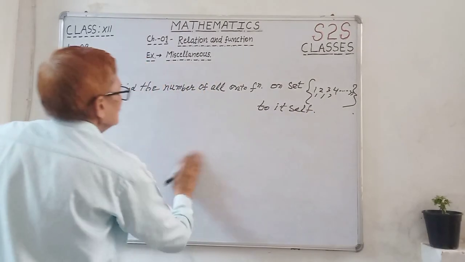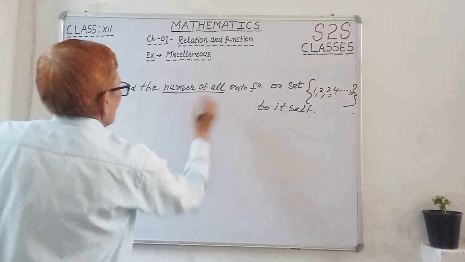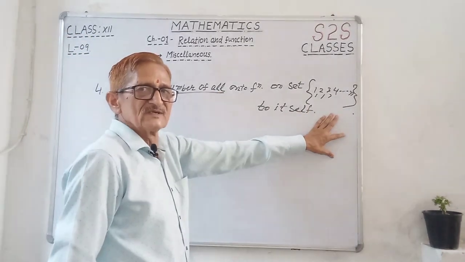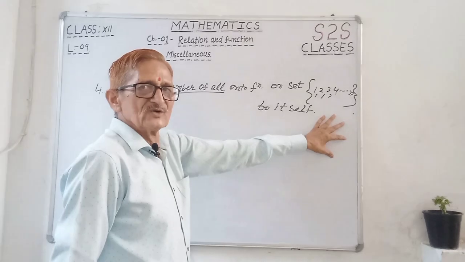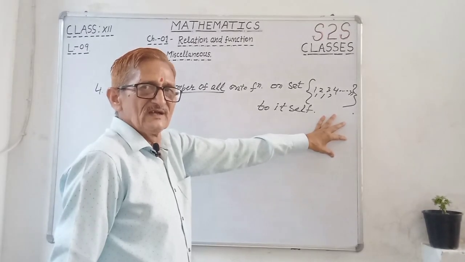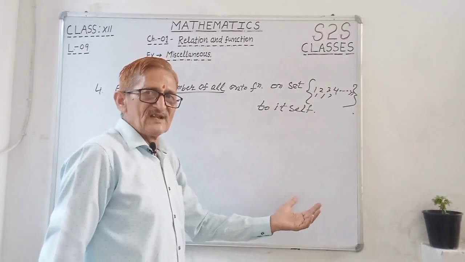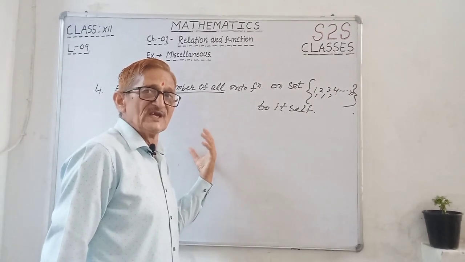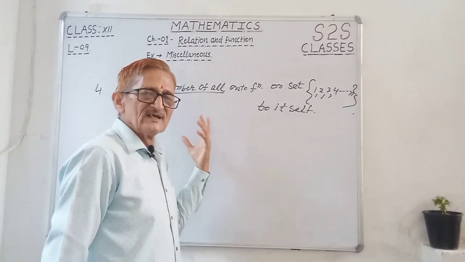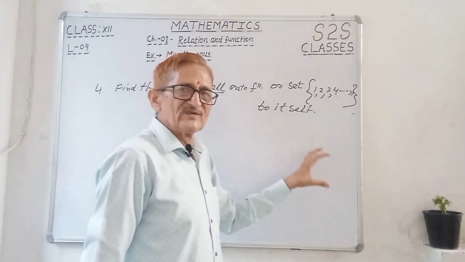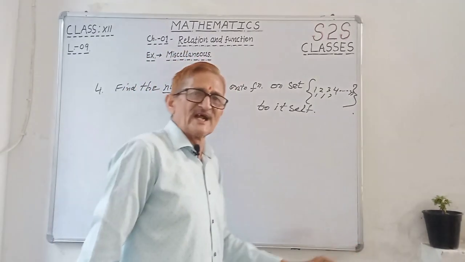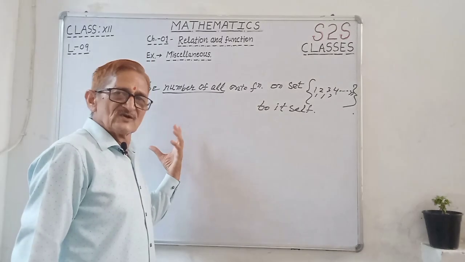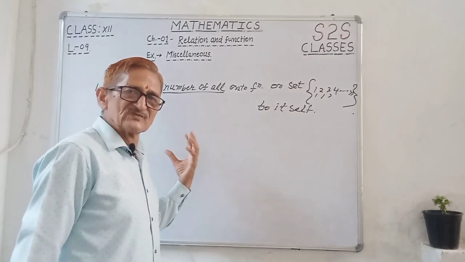Okay, now the number of all onto functions. Onto means the second set, no element left. Okay, onto. Every element of the second set must have at least one pre-image. Any association of every element of the codomain set must be with a domain set element at least one.